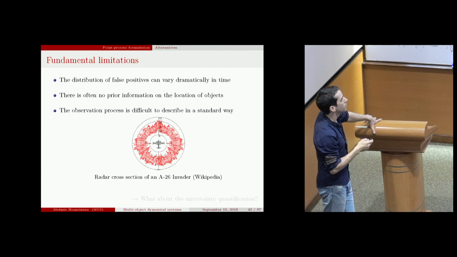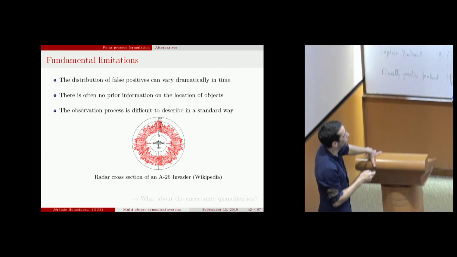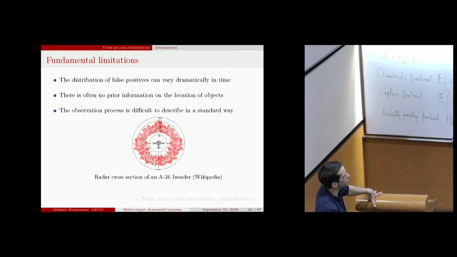And this is to give you some idea also for the probability of detection. This is what people call a radar cross-section. It shows that, at least at some range, if you have a radar looking in this direction, depending on how high the signal is, that's related to your chance of seeing the target.